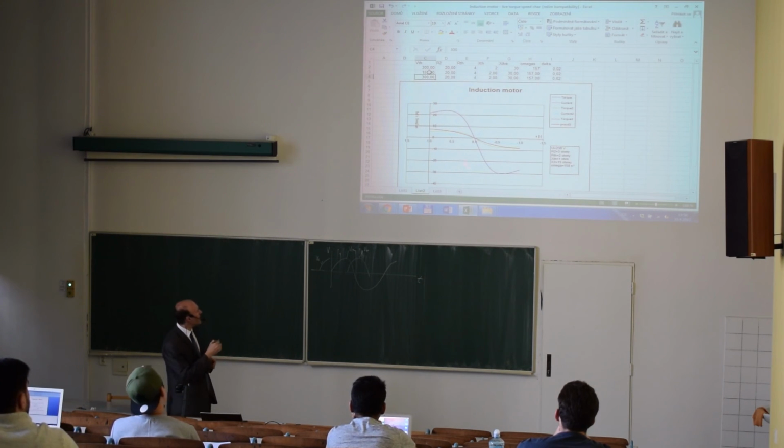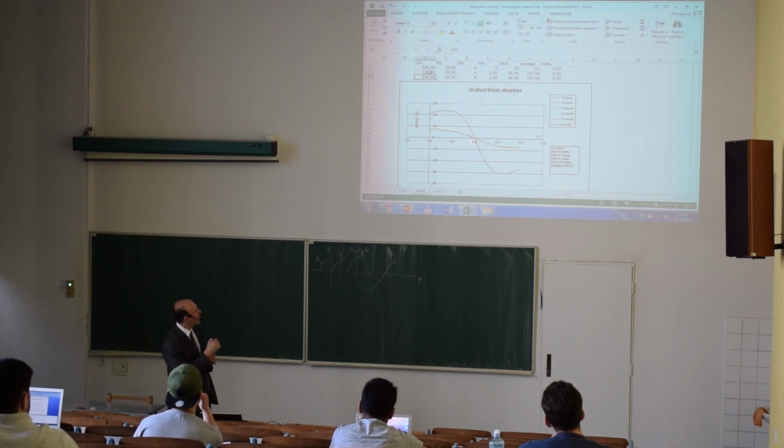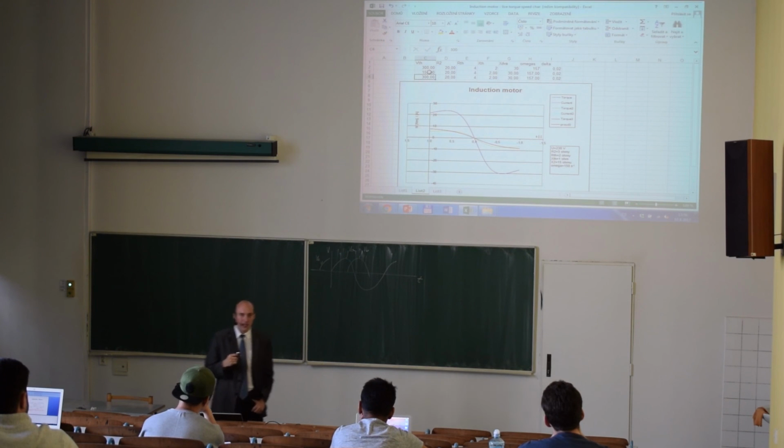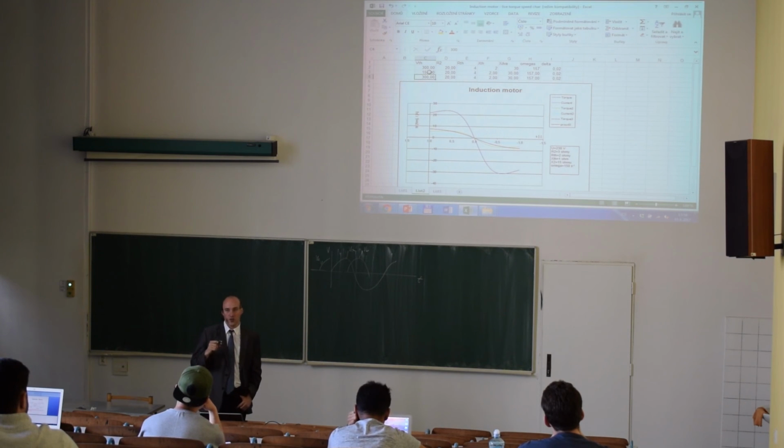So here you can see that if I load it with the same torque, let's say in my case maybe 5 Newton meters around here, if I power it with 300 volts, I will have a significantly higher speed than for 150 volts. In fact, we will see that the torque that an induction motor produces is roughly proportional to the square of the power supply voltage.